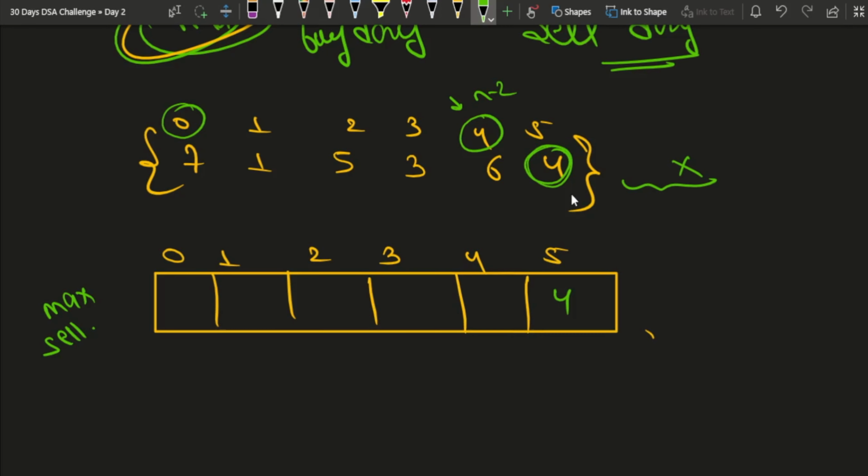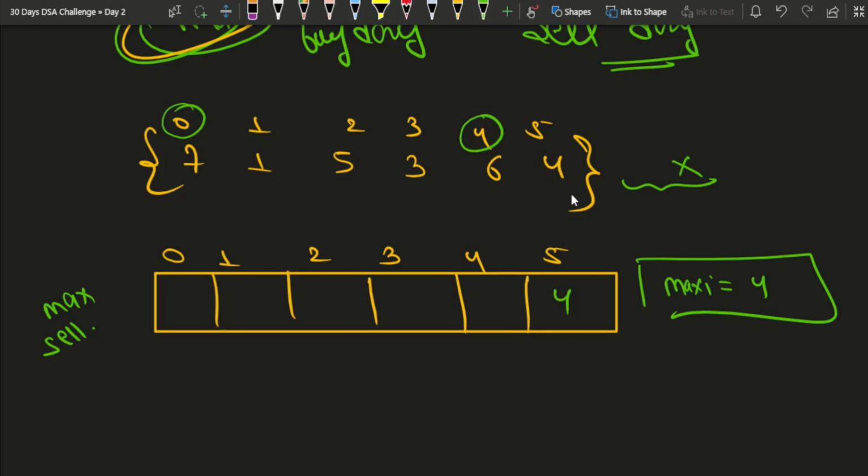Okay, how are we going to calculate it? We will have a variable named maxi, which will hold the 4. What is 4? 4 is the last element present in our prices array. Now at this particular moment, let's say that our i is at index number 4.